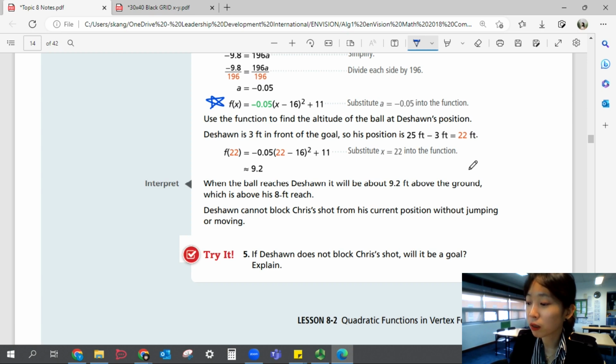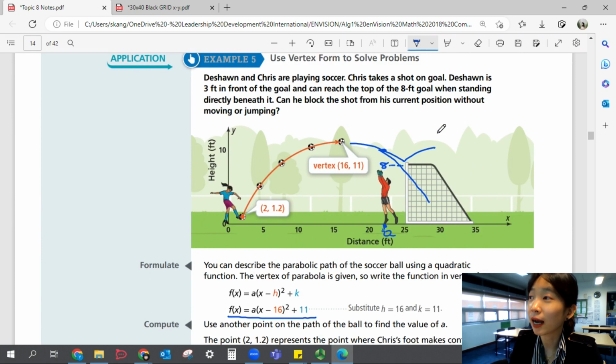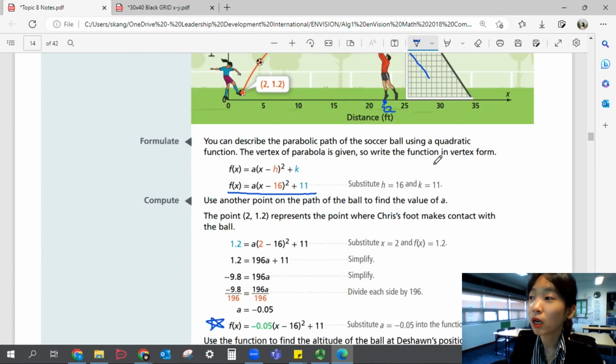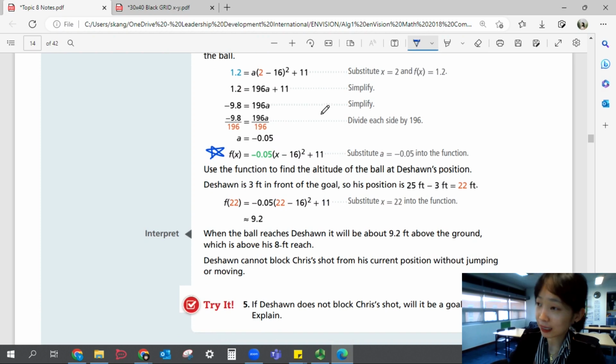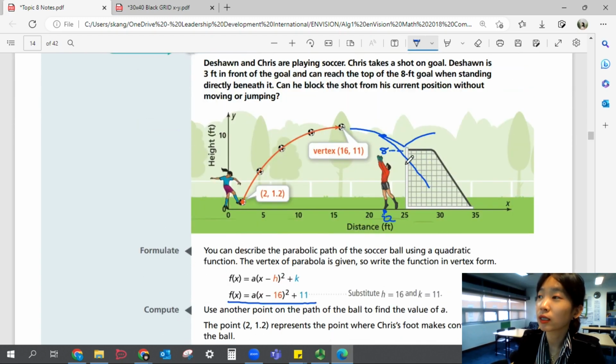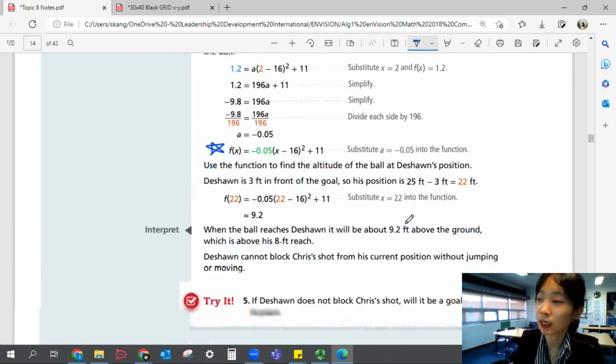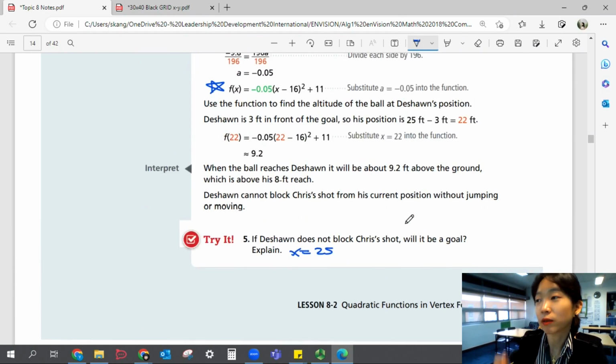So the ball will go in the goal because at x equals 25, we want to figure out the height, and we want to see if it is about the height of the goalpost. So use the equation again and substitute x as 25, because now we know the goalpost is going to be exactly around 25 feet from Chris, right?